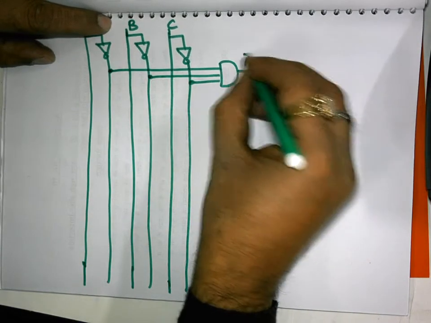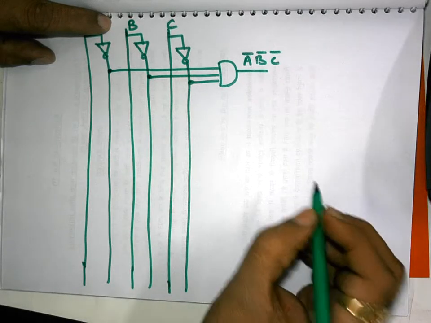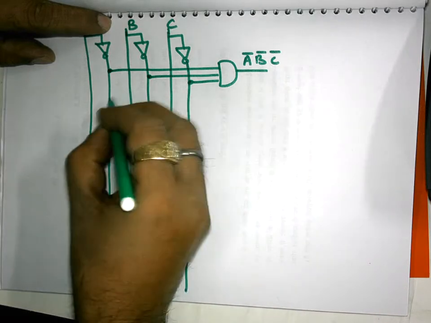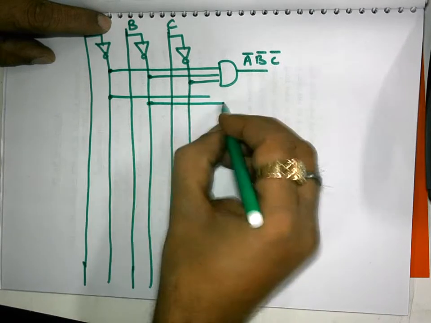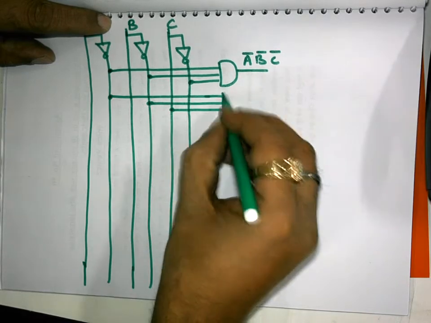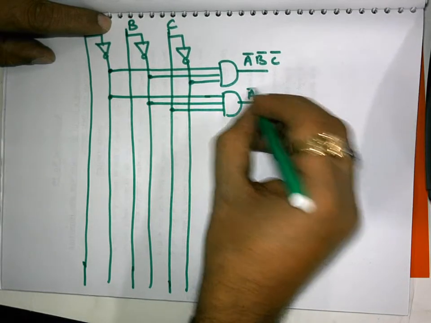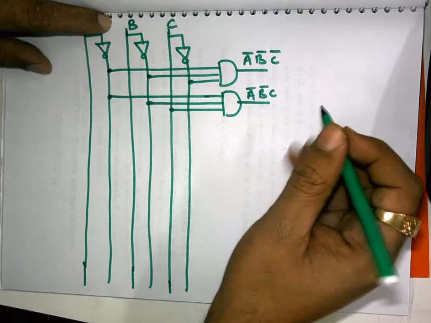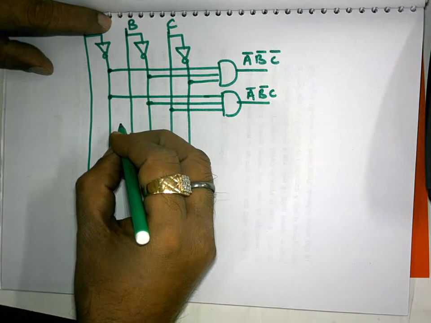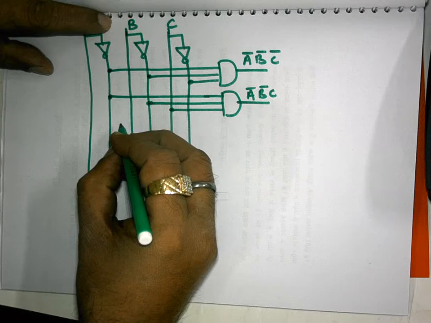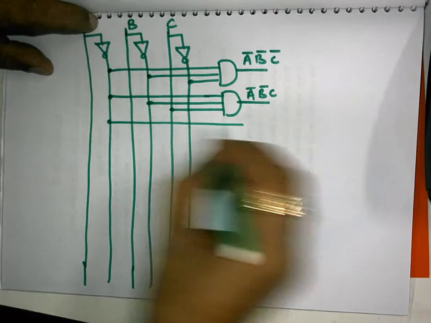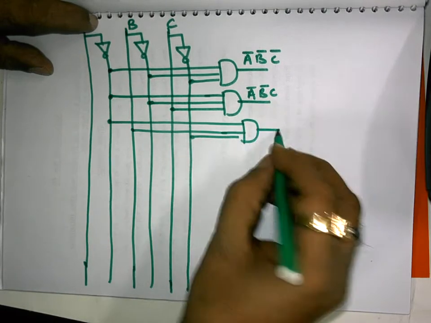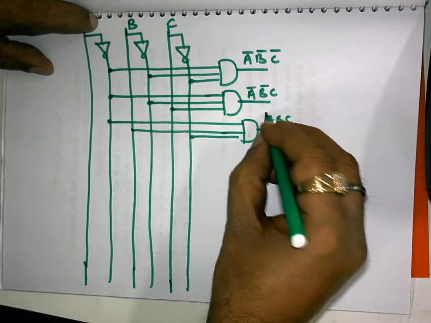Here the output is A bar, B bar, C bar, then A bar, B bar, C. Am I right? This is the min term. Then A bar, B, C bar.